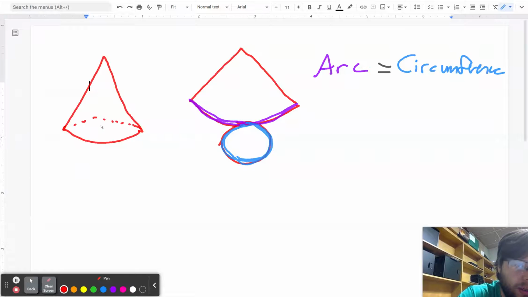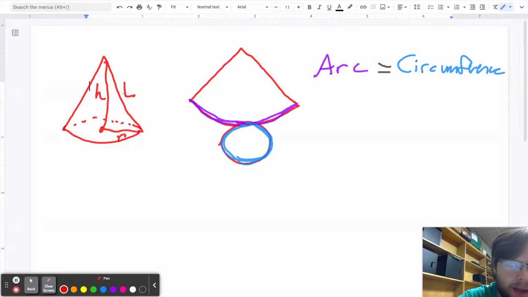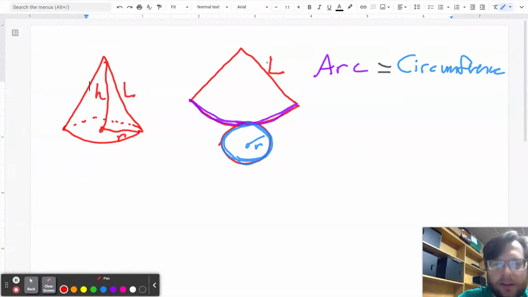So on the original cone, we have our R for radius, we have our H for height, and a lot of times we'll use the letter L for the slant height. So when we unwrap it, the circumference still has an R, and we have an L right here along the slant height. And we can find the H, but it's not really relevant for finding the surface area, it turns out.